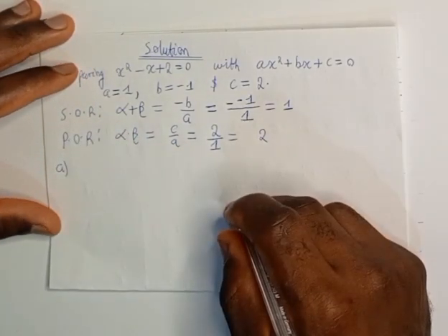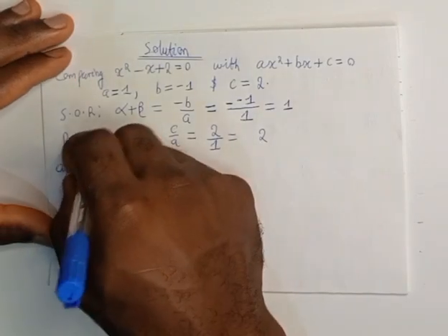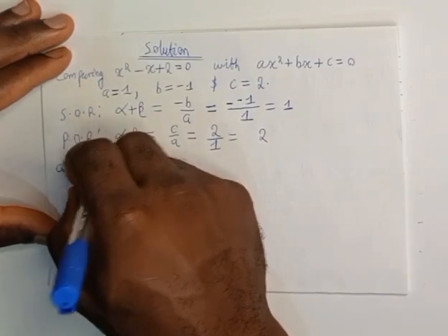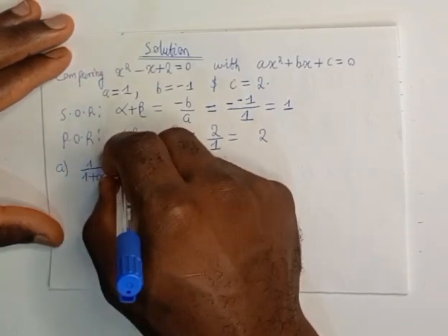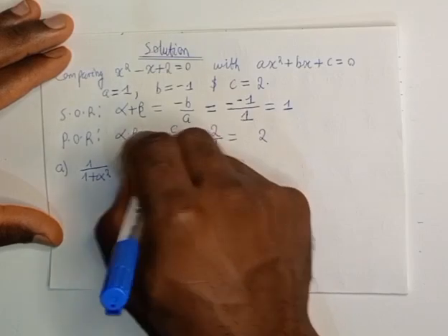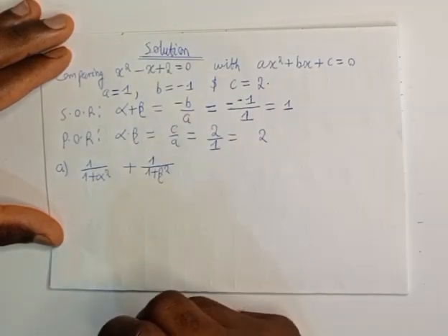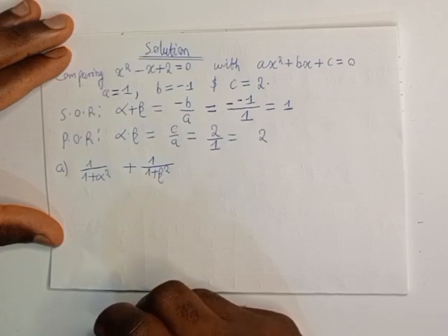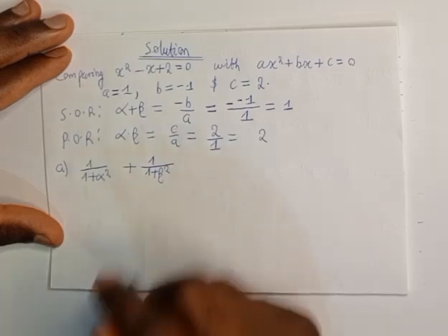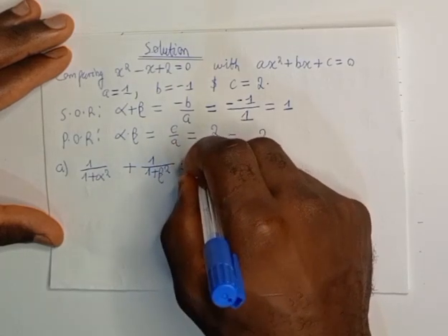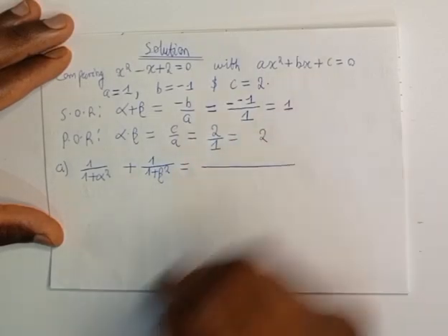first part of the question, we have to prove that 1 over 1 plus alpha squared plus 1 over 1 plus beta squared is equal to negative a half. First thing, we are going to start by finding the LCM of their denominators.